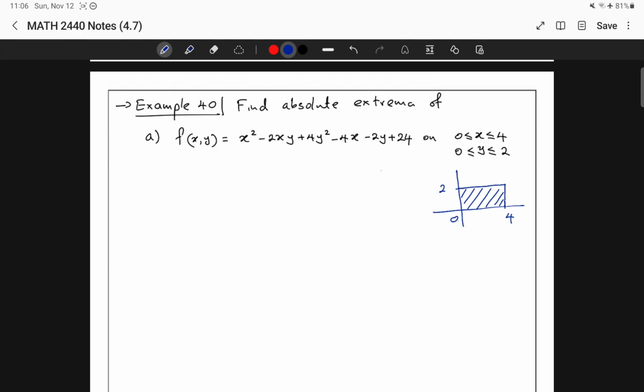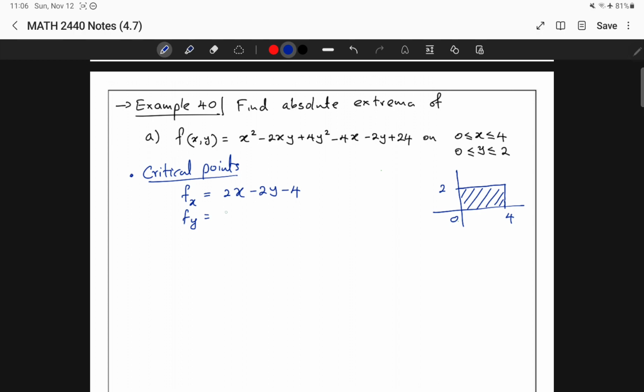Okay, first let's find the critical points. So first thing, critical points. We know how to do this, right? Find partial derivatives. 2x minus 2y minus 4.